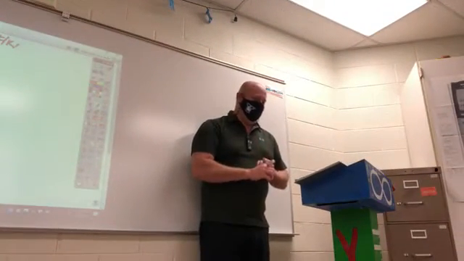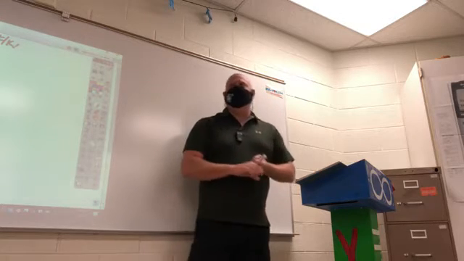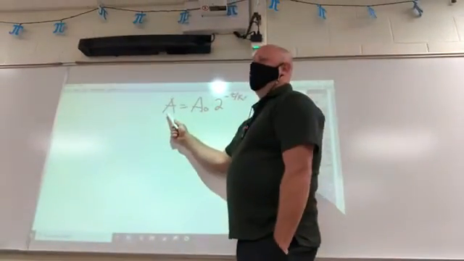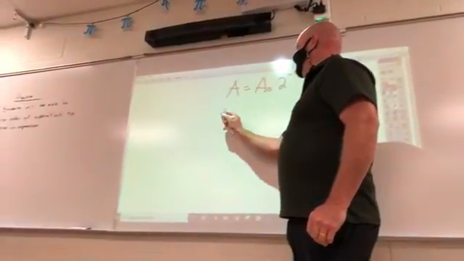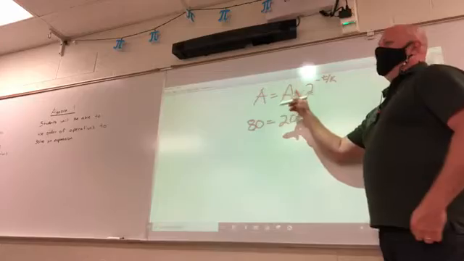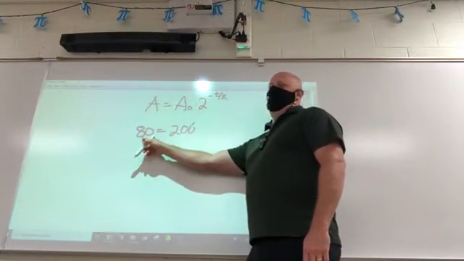So a dinosaur bone was found with 80, but it originally contained 200. Where does the 80, where does the 200 go? 80's the A. Remember, when you use this formula, the original has to be bigger than what A is currently.